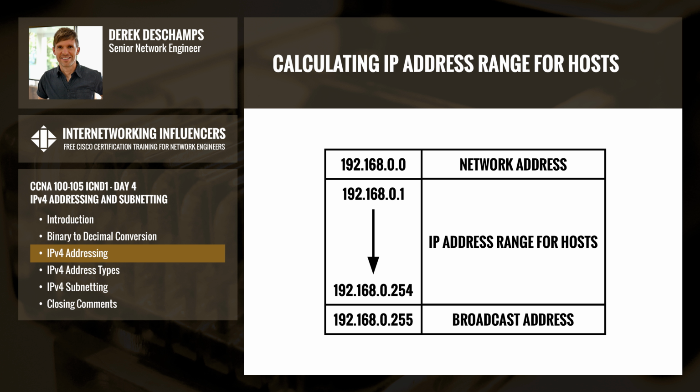In this example, since our network address is 192.168.0.0, and our broadcast address is 192.168.0.255, we know that the IP addresses between those two numbers are available to use for hosts. In this case, the range 192.168.0.1 to 192.168.0.254. This gives us a total of 254 IP addresses available to use for hosts on this network.